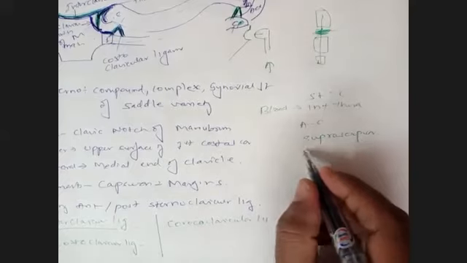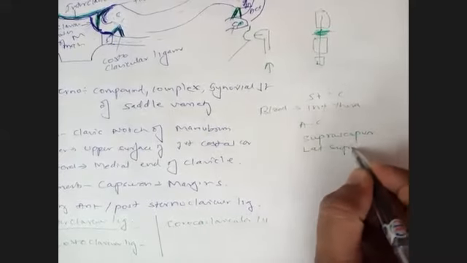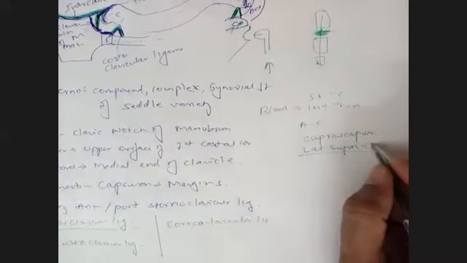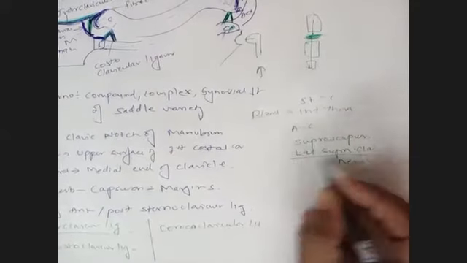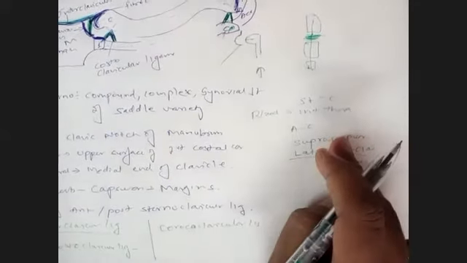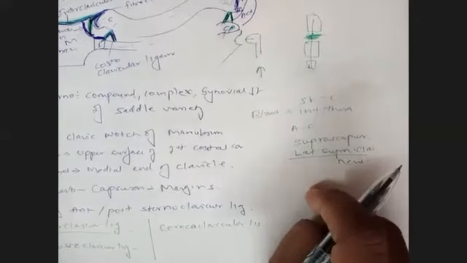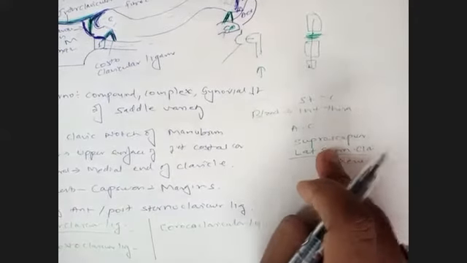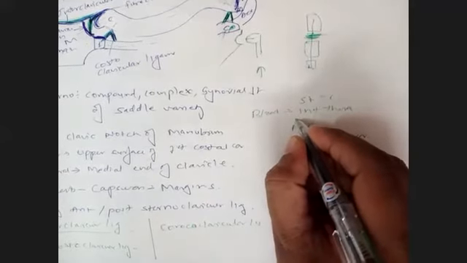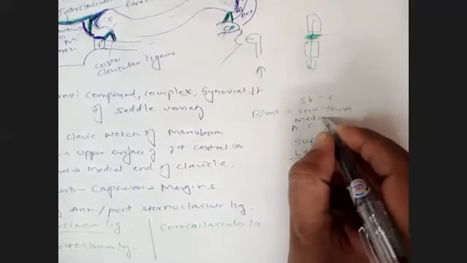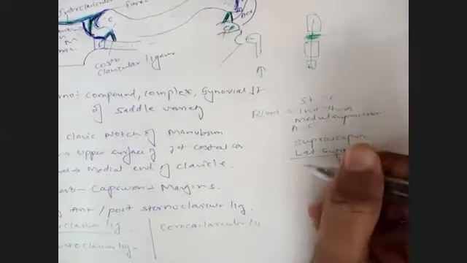The lateral joint is supplied by the lateral supraclavicular nerve, which is a branch of the supraclavicular nerve. First time you are hearing lateral supraclavicular nerve. These are branches of the cervical plexus. Till now, you have studied brachial plexus, lumbar plexus, sacral plexus. Now this is cervical plexus, supraclavicular nerve. And the nerve supply of the sternoclavicular joint comes from the medial supraclavicular nerve. So supraclavicular nerve supplies these joints.